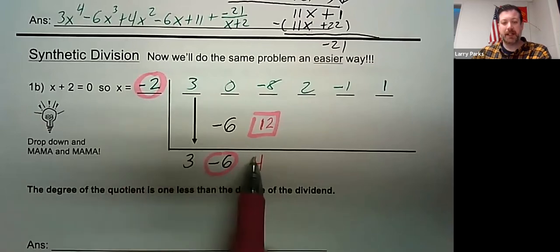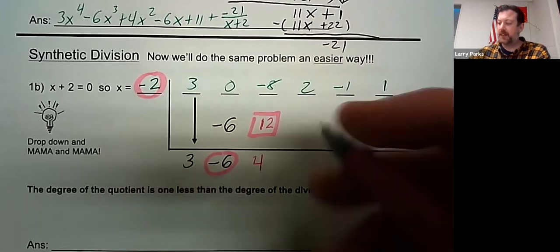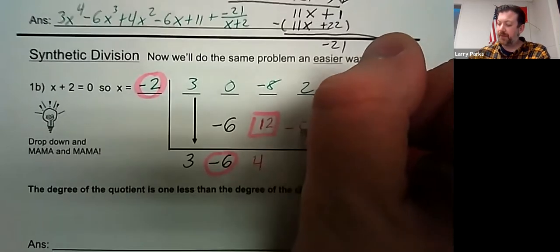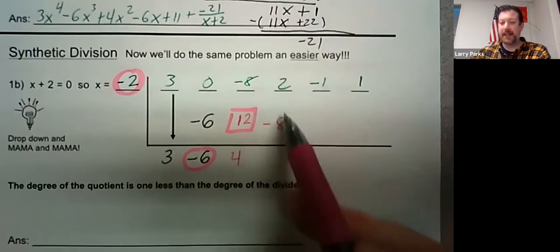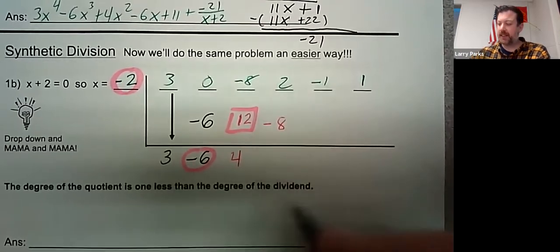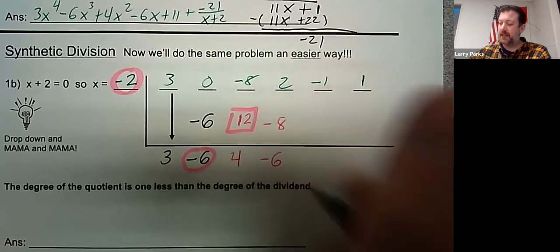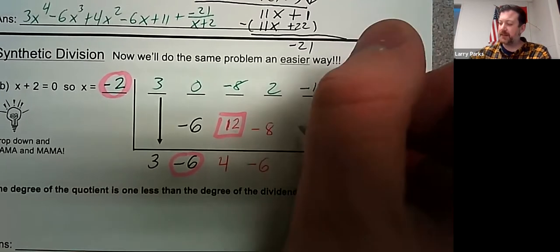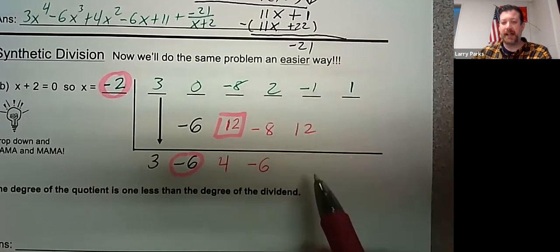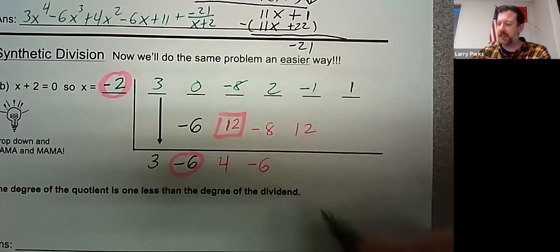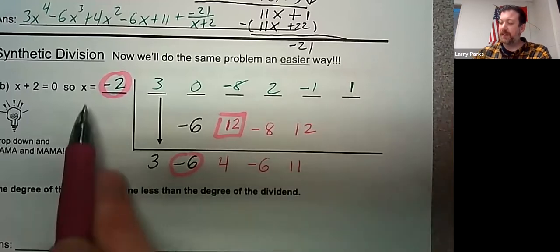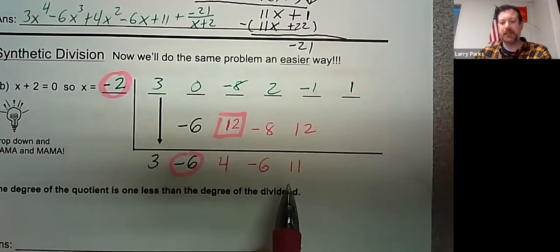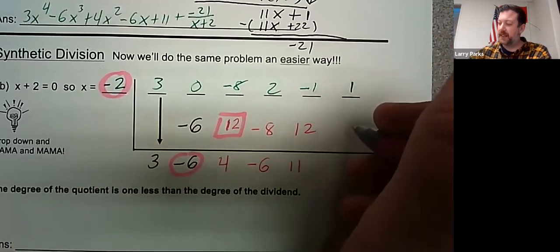I then multiply. -2 times 4 is -8. I then add 2 plus -8 is -6. I then multiply. -2 times -6 is 12. I then add. -1 plus 12 is 11. I then multiply. -2 times 11 is -22.